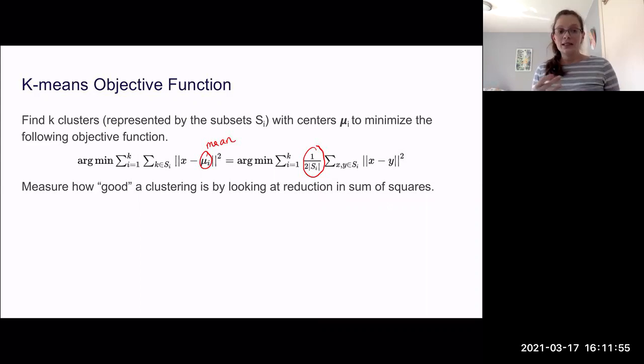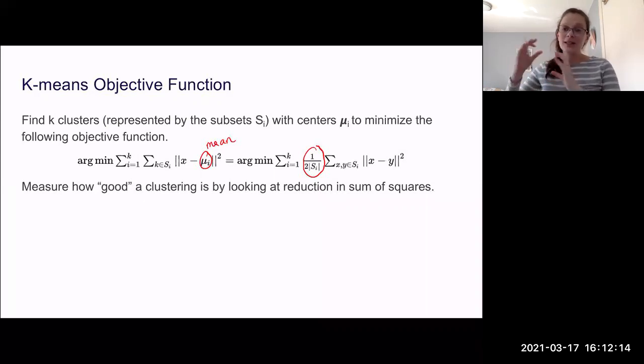And so that leads to the idea of a good clustering as looking at the reduction in this sum of square distances. You've reduced the total amount of sum of square distances by only looking at the points that are put together in this right-hand side objective function. And by doing that, you've taken out these larger distances that were between points that you've now assigned to different clusters.